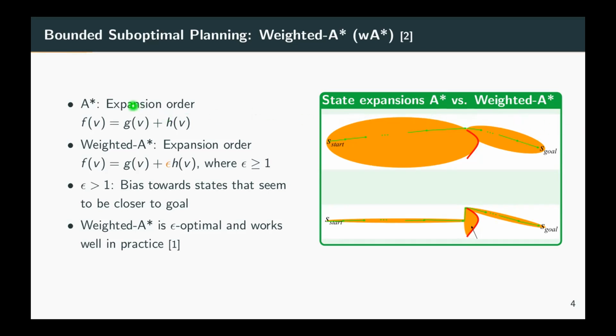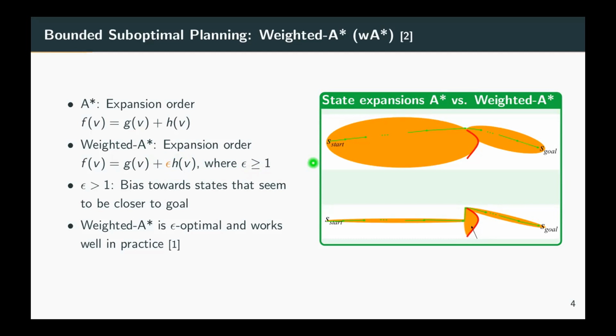So in the original A star algorithm, our f was the sum of the g value, so the cost to come, plus the h value, which is the estimated cost to go. And now we can inflate our h value by just multiplying our epsilon value to it, where epsilon is greater than 1, for example, 2. And in practice, it means that we basically end up biasing our search towards states that we believe are closer to the goal.